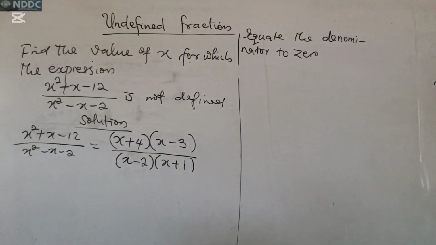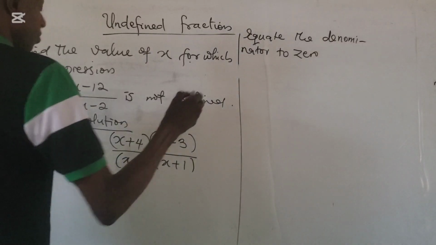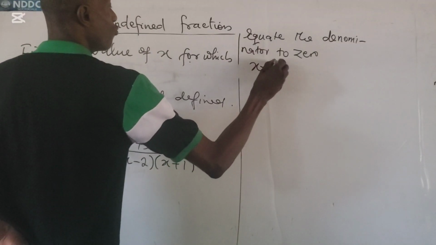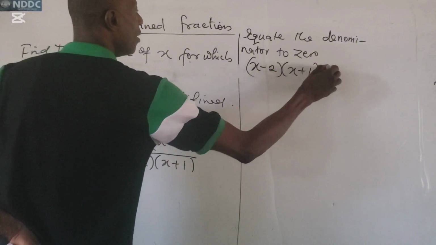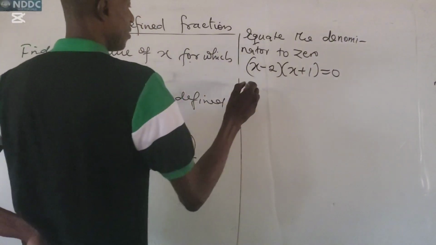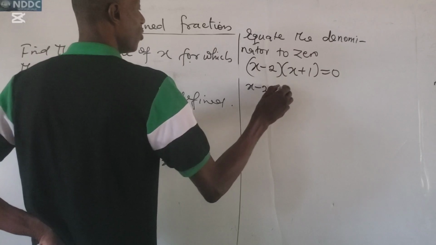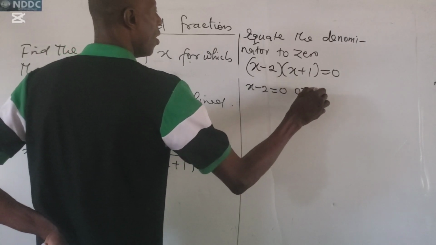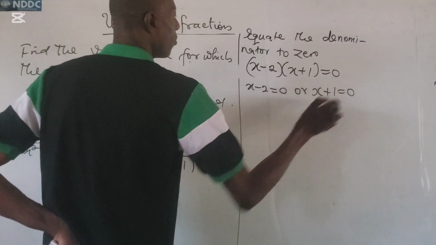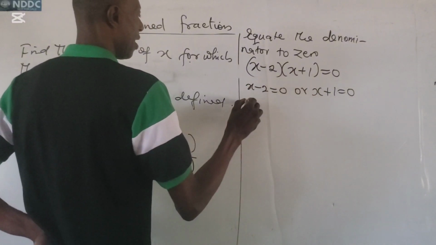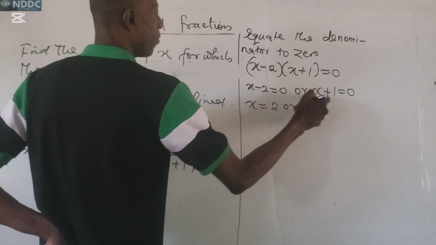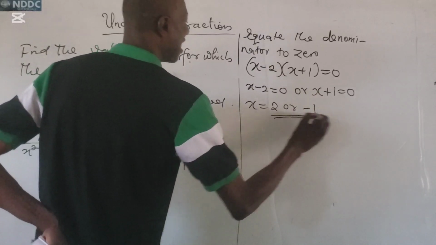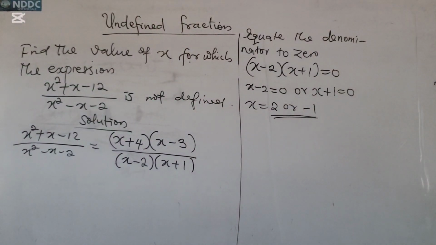So we have to equate the denominator to 0, which is now x minus 2 and x plus 1 is equal to 0. So we now write x minus 2 is equal to 0, or x plus 1 is equal to 0. When the minus 2 crosses, it becomes plus 2, and plus 1 becomes minus 1. So that is the value for example number 2.